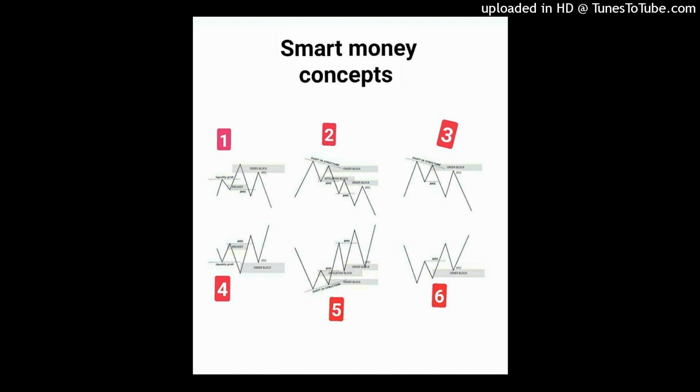Okay, as you can see, we've got a sort of a wick break here, but for me, that's not a breaker structure. I need to have a clean body break for me to say, okay, that was a breaker structure. Same with down here. Okay, if we're looking at breaking a structure from here, we got an impulsive move. It broke this structure. Then we created a high, but it didn't really break the structure as such. It just wicked.